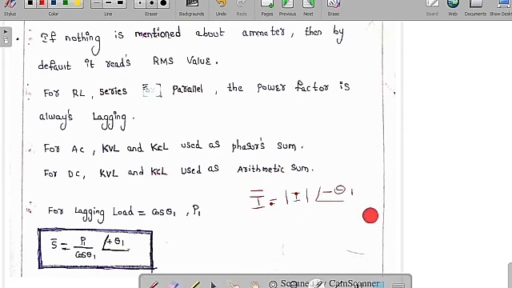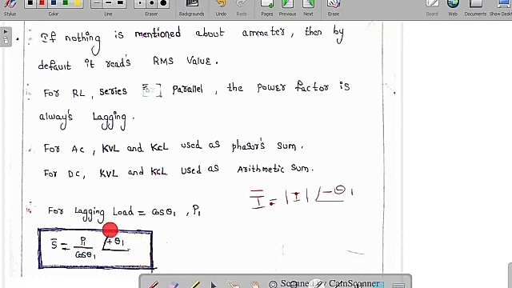Taking the complex conjugate, we get mod V into mod I at angle plus theta 1. V into I is the magnitude of the complex power, which is P1 by cos theta 1. So S bar is equal to P1 by cos theta 1 at angle plus theta 1.